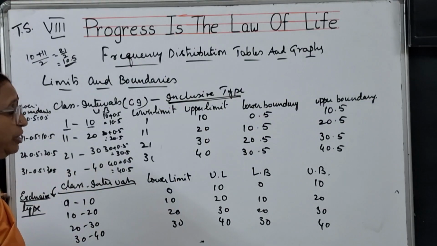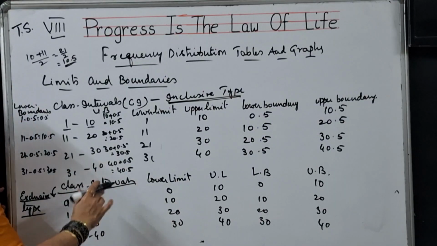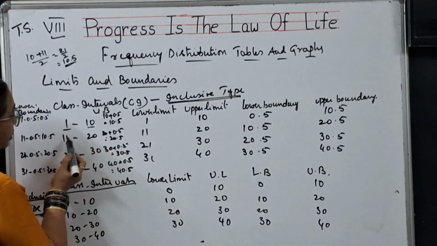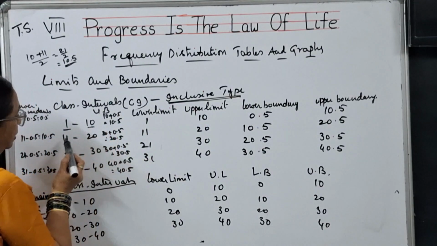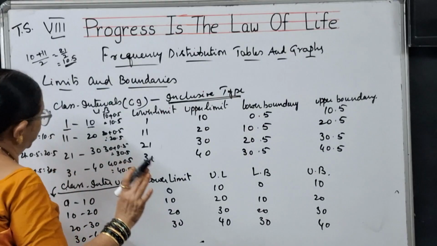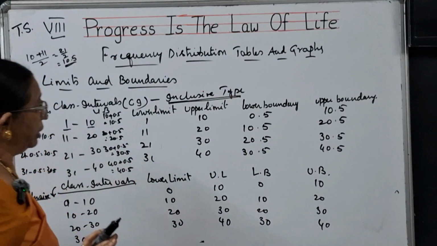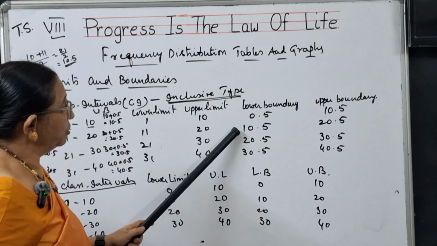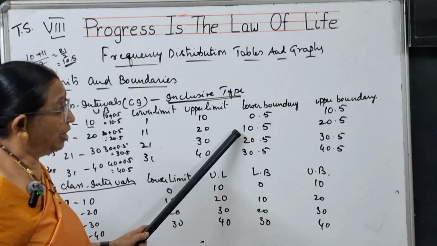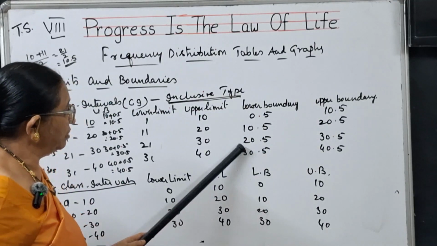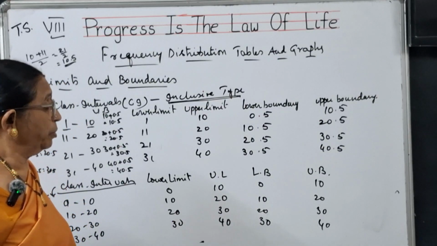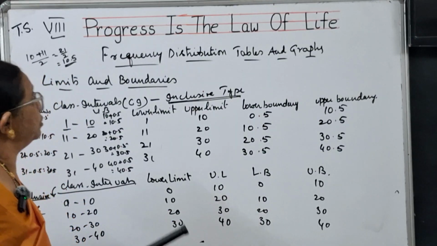When it is an inclusive type of class interval where there is a gap of 1, add 0.5 here, subtract 0.5 here. You observe, children, the upper boundary of the first class interval is equal to the lower boundary of the second class interval. Observe it. See, these two are same. So remember this, it's very easy for you to do.